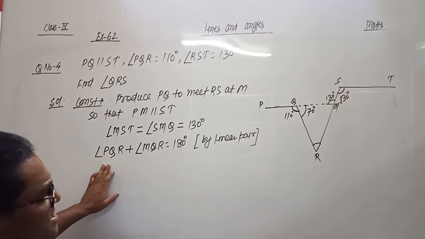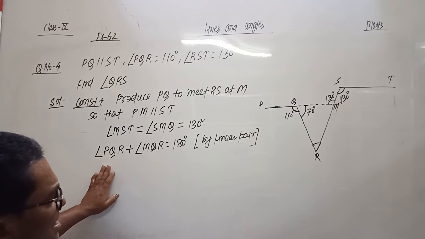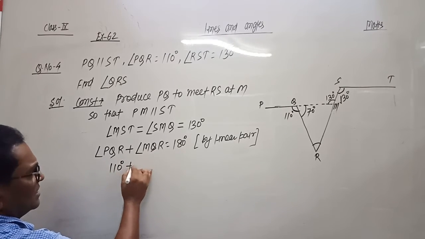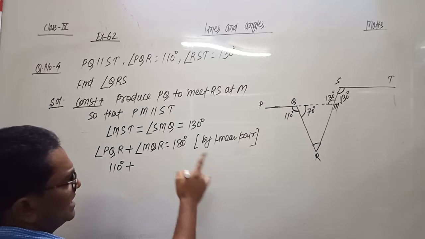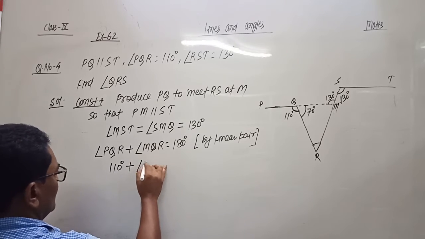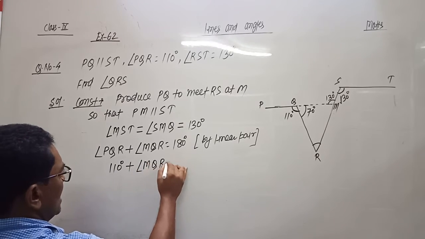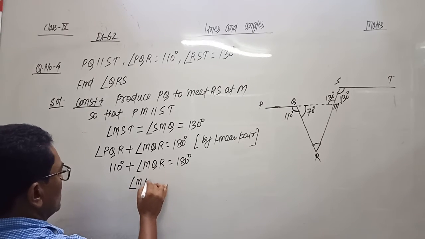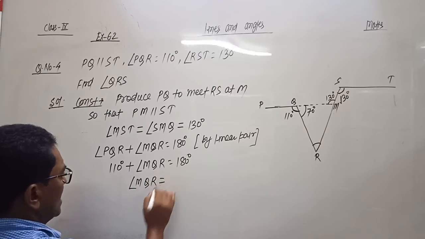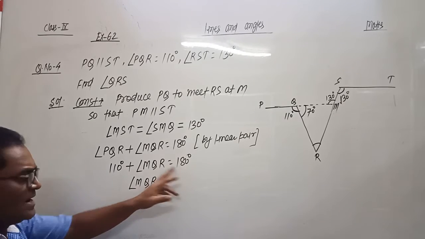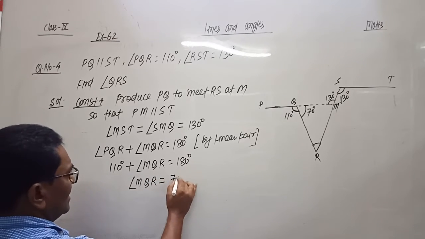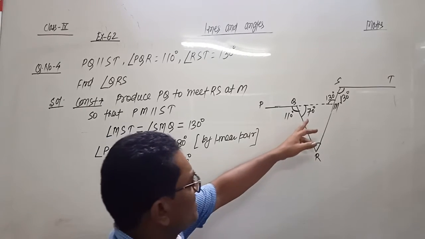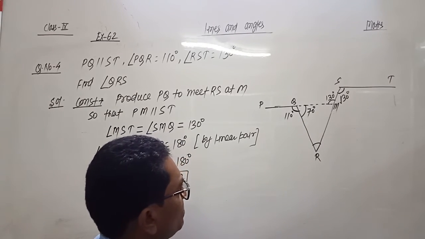And angle PQR is 110 degree. Then angle MQR equals 180 minus 110, that is 70 degree. So this angle we have calculated is 70 degree.